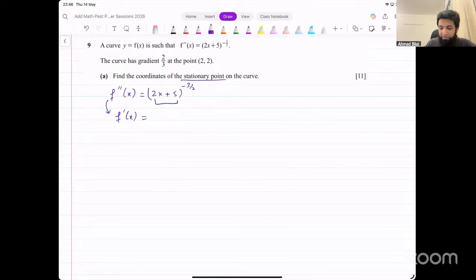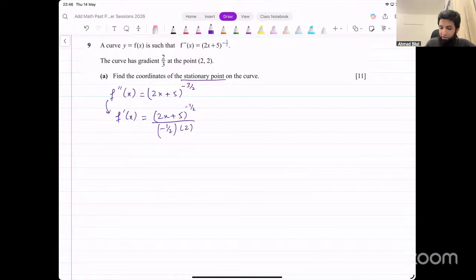The expression inside is linear, so you can apply the power rule on this. 2x plus 5, add 1 to the power, minus 3 over 2 plus 1, that becomes minus 1 over 2. Divide by that new power, and also divide by the derivative of this, which is 2. But remember, whenever you integrate something, you always have a plus c.